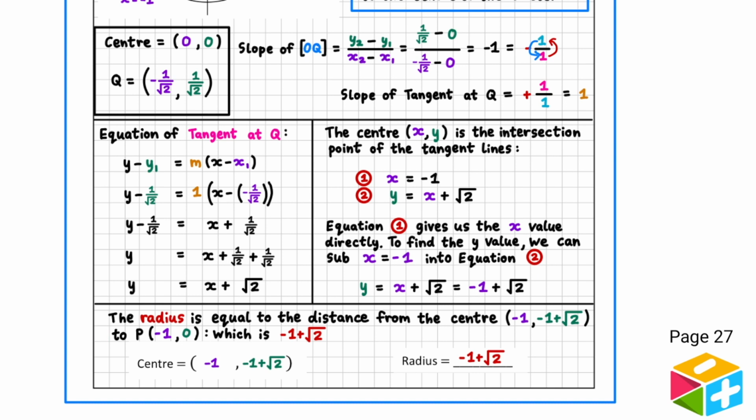Since these 2 points have the same x coordinate, -1, the distance between the points will simply be the difference in the y coordinate. Well, the y coordinates are -1 plus root 2 and 0, and the difference between these two values is simply -1 plus root 2. So that'll be the radius of our circle.